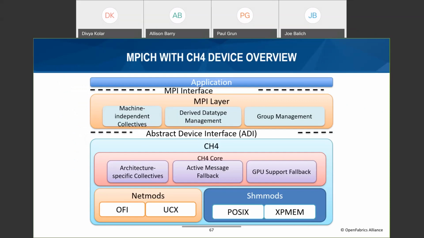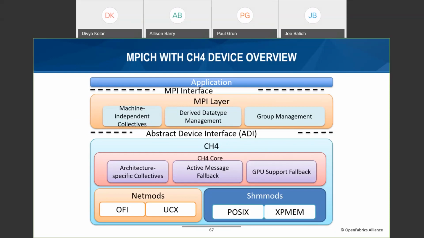So this is an overview of the present day MPICH architecture. On top, we have the MPI layer, which provides the interface that the MPI standard specifies. We have the collective support, the data type support and all that.